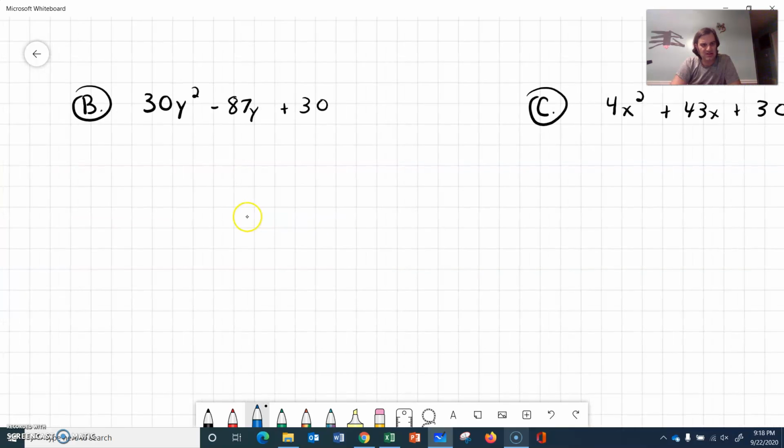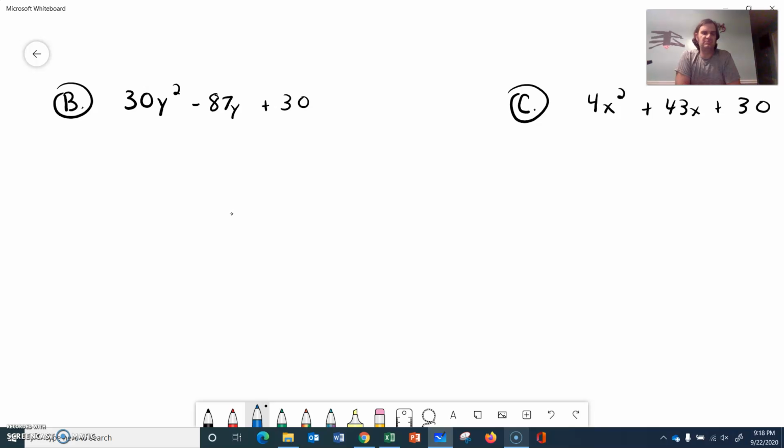Okay, B. The quadratic is 30y squared minus 87y plus 30. Here we're going to go through our steps, and I do see that I can pull a common term out. 30, 87, and 30 are all divisible by 3, I believe.